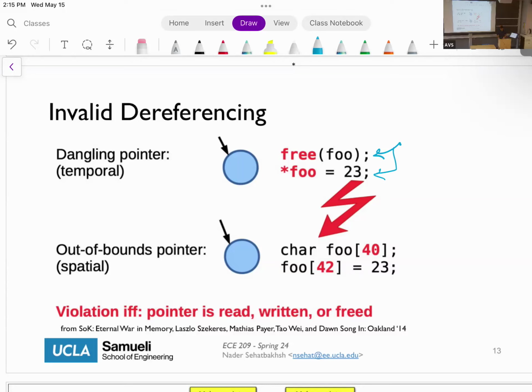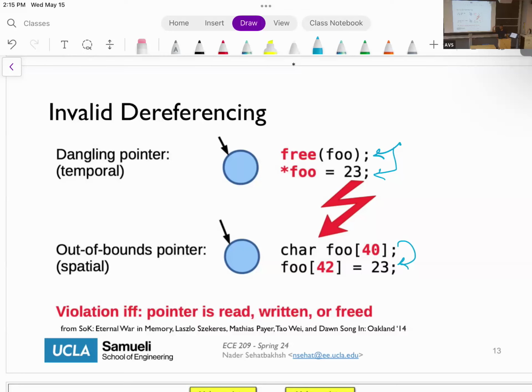Additionally, you can do out-of-bounds writes. Assuming your pointer is supposed to cover 40 blocks in memory, if you don't check the bounds and are able to write outside them, then you can write into other parts of the memory. So generally there are two categories, the temporal and the spatial, and there are tons of ways to do these memory safety attacks.